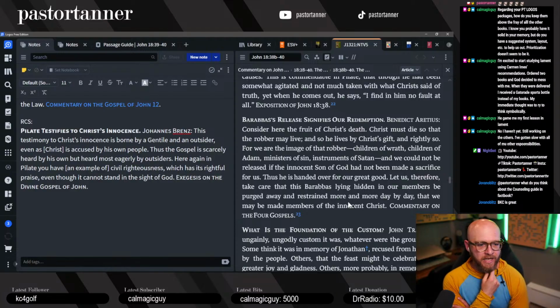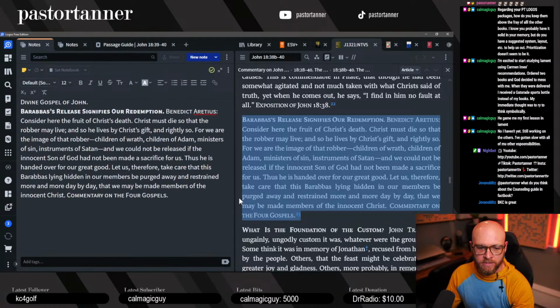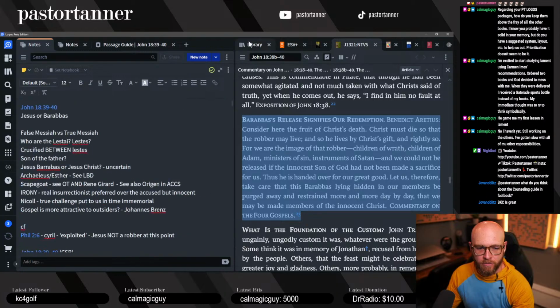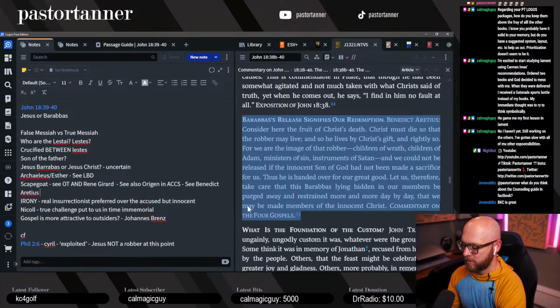Thus he is handed over for our great good. Let us therefore take care that this Barabbas, lying hidden in our members, may be purged away and restrained more and more day by day, that we may be members of the innocent Christ. I like this a lot. Benedict Aridius. Exactly the sort of thing we're interested in here. So, to me, this could go with the scapegoat theme. See Benedict Aridius, RCS.